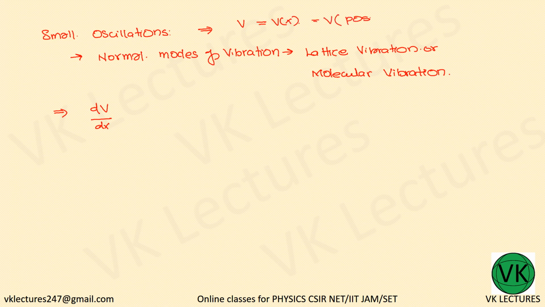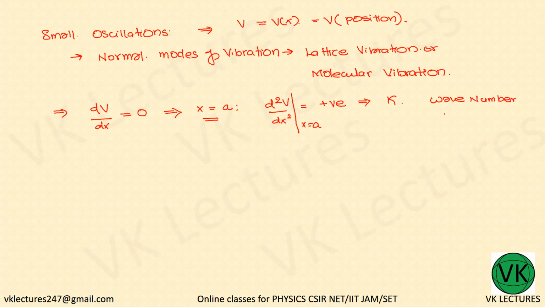Now when you put dV by dx equal to 0, we get the value of x, for example x equal to a, and when you put this particular value in d square V by dx square, this should give you a positive value at x equal to a, and this positive value is called k, and k is equal to m omega square. And what is omega? Omega is the frequency of oscillation.